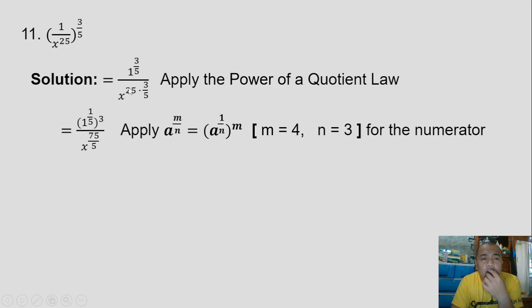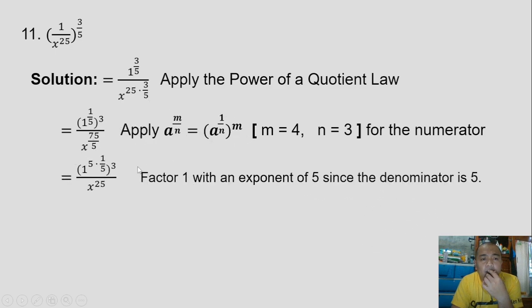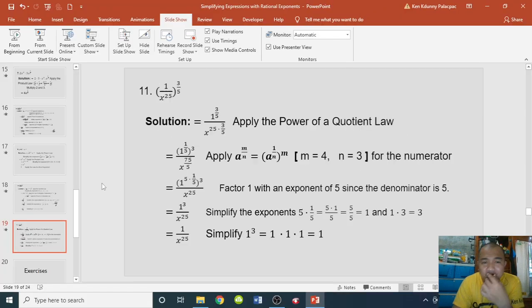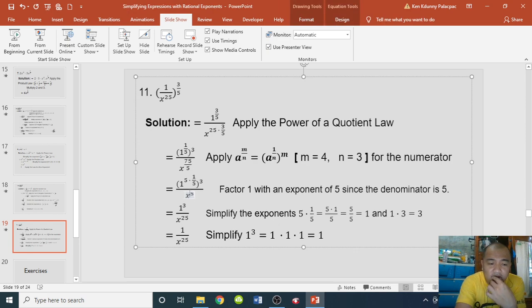Yes, I think it's 15. 25 divided by 5 is 5, times 3, so it should be 15. Okay, let's edit. It's 15.